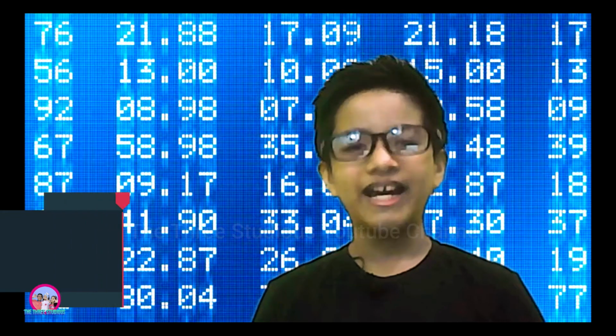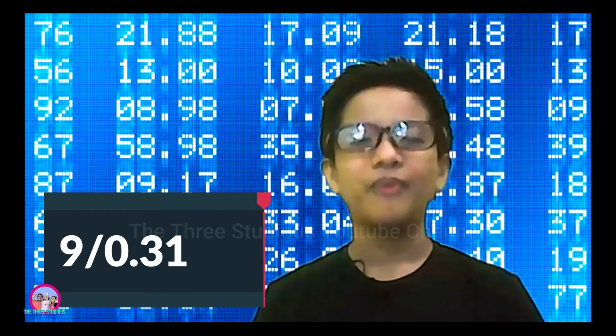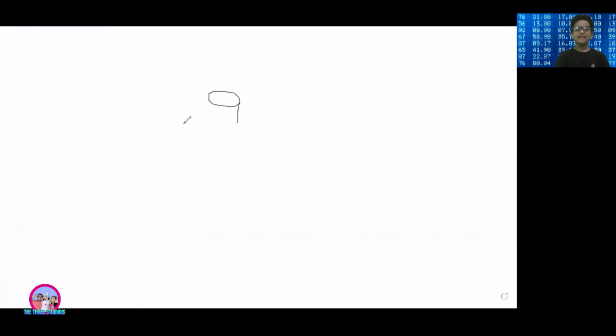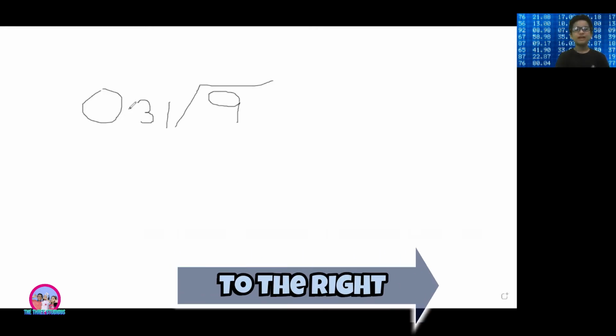Let us go to the division of decimals. I will use 9 divided by 0.31 or 31 hundredths as an example. 9 divided by 0.31, we will remove first the decimal point in the divisor by moving it to the right.